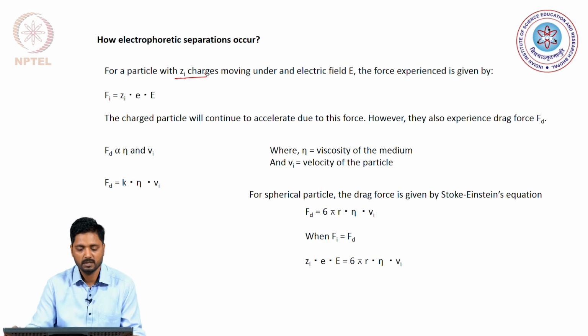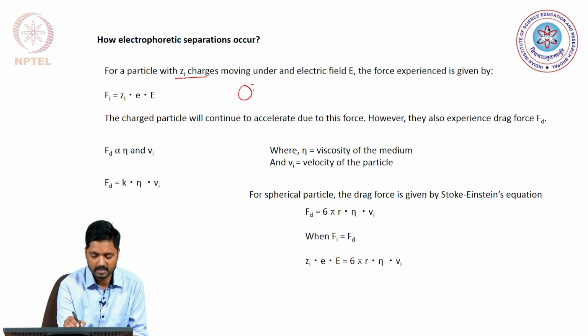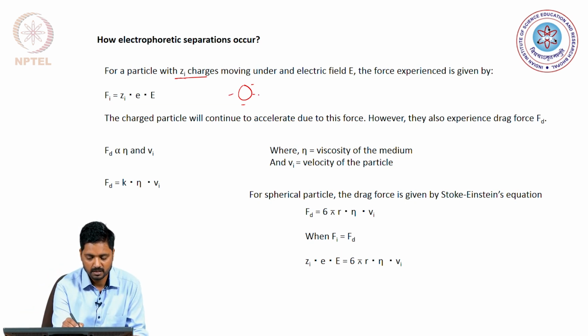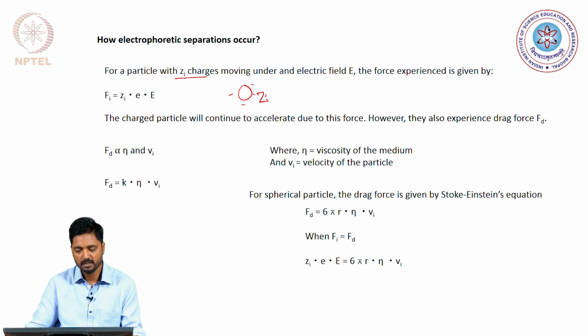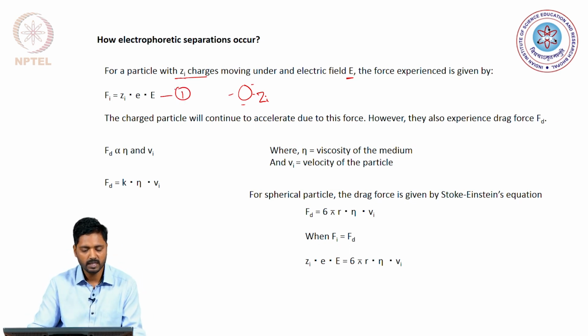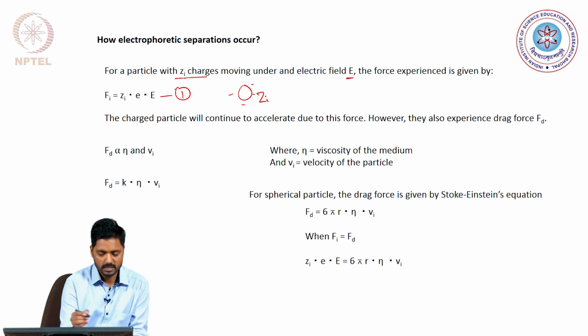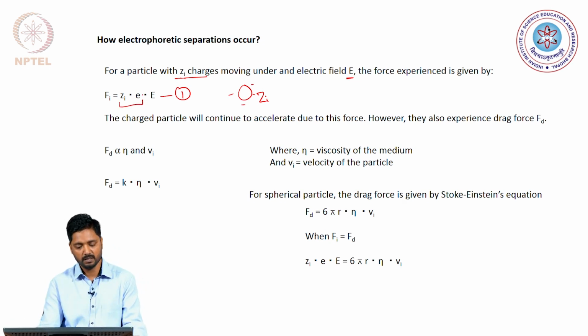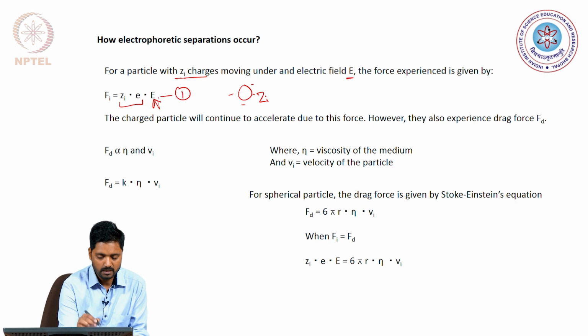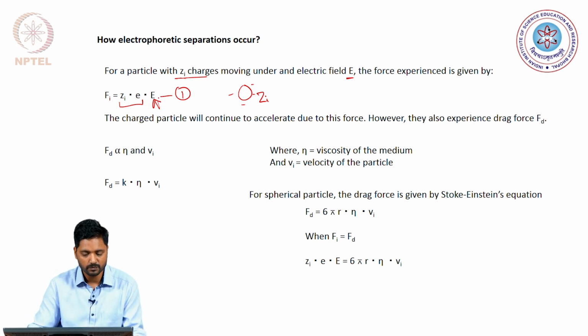If we have a spherical particle, for example, that has different charges on it, and these charges are defined as Zi charges, and this particle is moving under an electric field which is given as E. The force experienced by this particle is given by equation 1 here, where the electric field generated force is the total charge on the particle, where e is the electronic charge and capital E is the strength of the electric field.